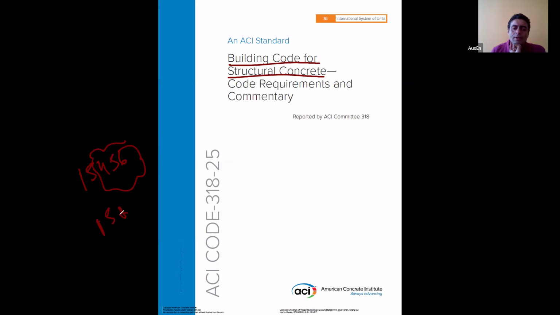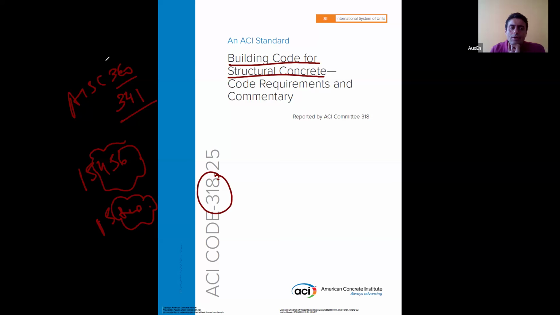Or we have the IS 800, where the 800th committee sat together. So this number does not have a lot of meaning. Or we have the AISC 360, so the 360th committee sat together. Or we have the AISC 341, or the AISC 358. These numbers don't have any meaning. It just indicates the committee number which was constituted to look into these particular aspects.